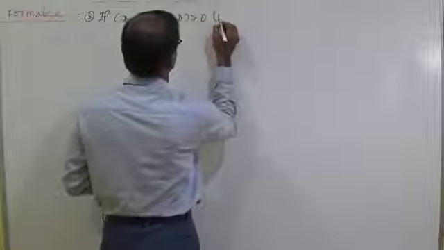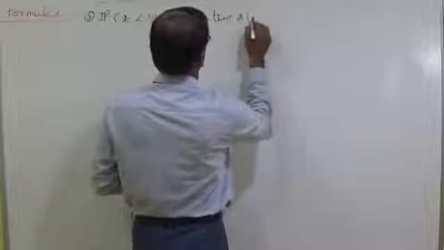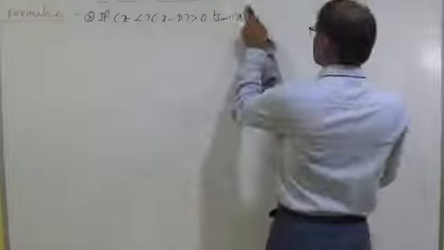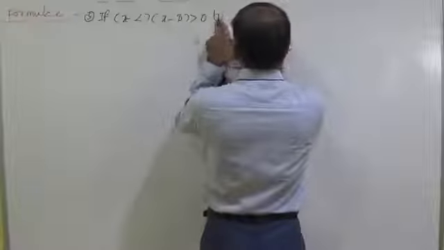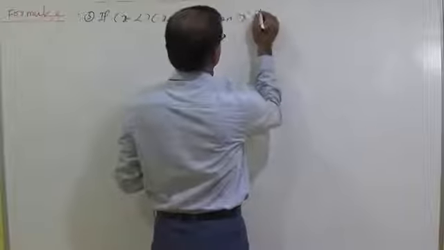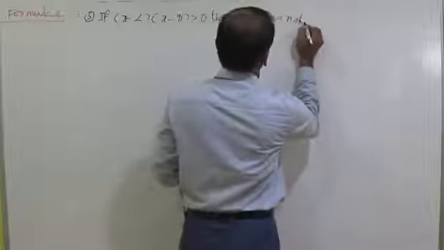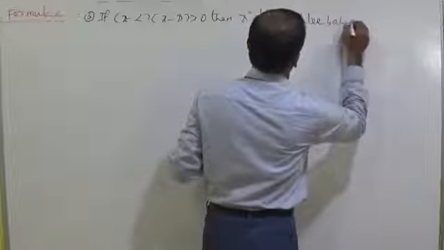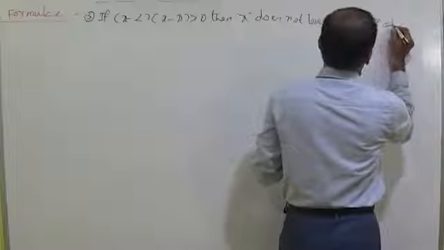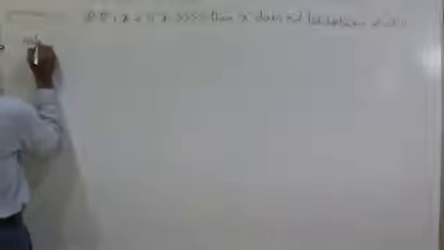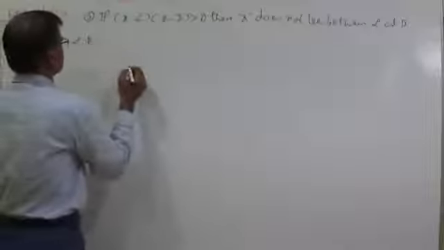greater than 0, then x does not lie between alpha and beta, including alpha and beta.